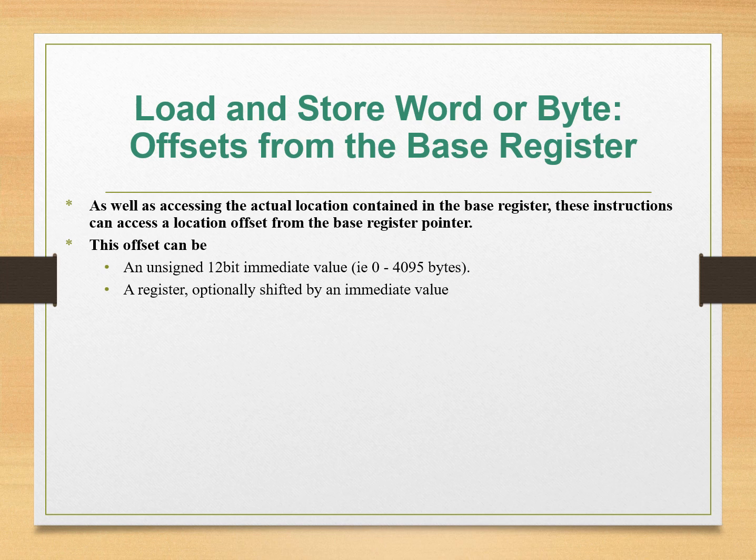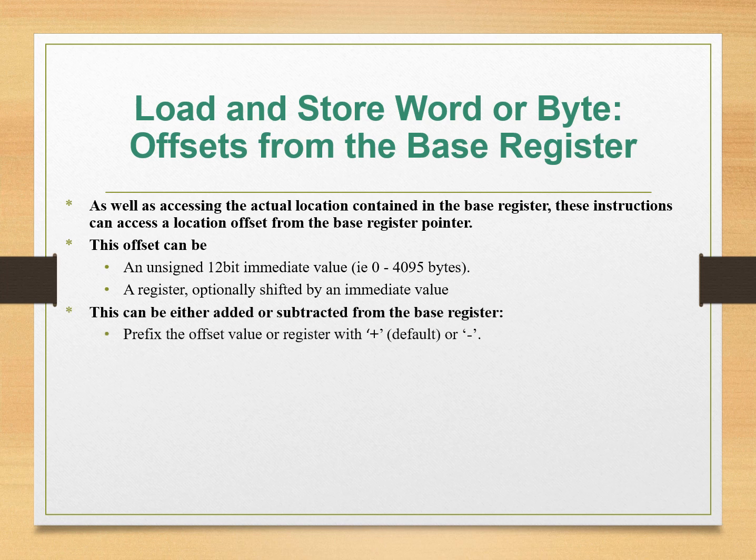Okay, this offset can also be a register. You can make the offset a register, optionally shifted by an immediate value. Okay, this can be either added to or subtracted from the base register.